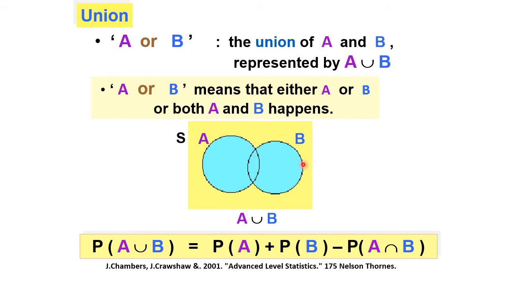So to get the union, actually we will count this one 2 times. Okay, if you notice, A only, B only, and this one already 2 times. So we remove one of these, so we have a minus intersection behind here. So A, B, notice we have 2 times, so we have to remove one of the 2 times, that's why we have minus A intersect B.